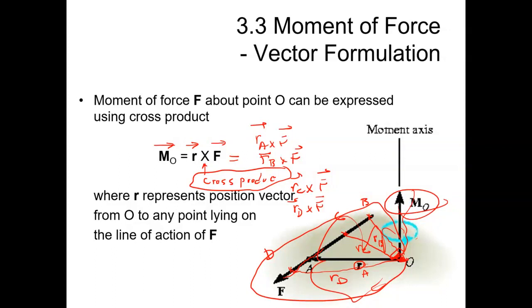That's all I have to do. But if I don't want to find the shortest distance, or if the forces are not on the same plane, I simply take the approach of the position vector cross product with the force vector, and that cross product gives me the answer no matter which one of these position vectors I choose.